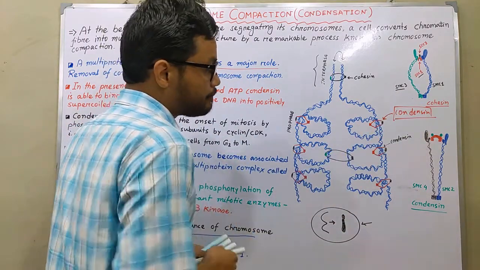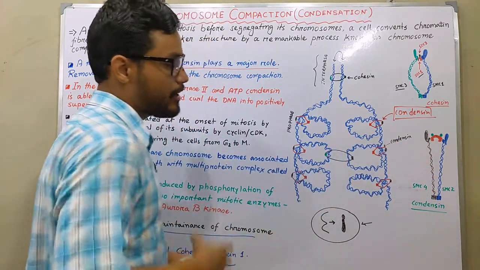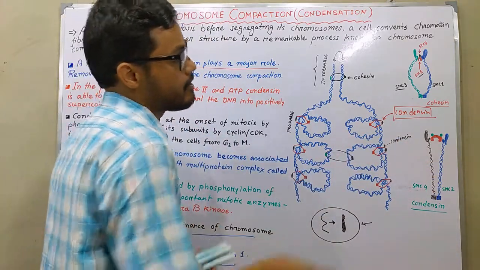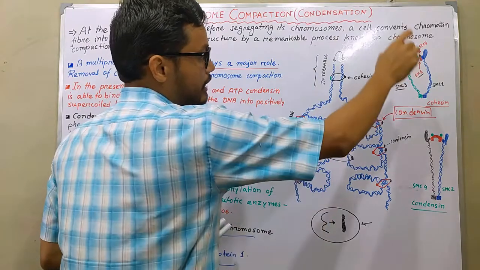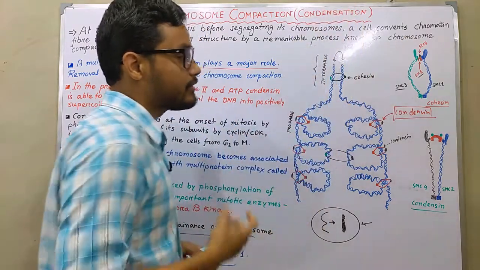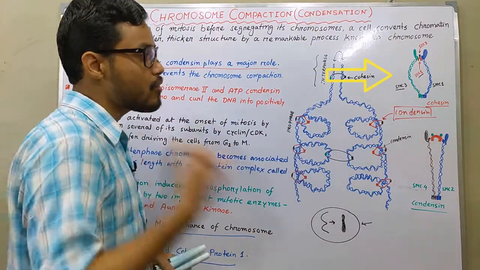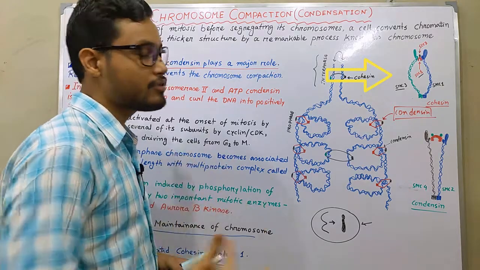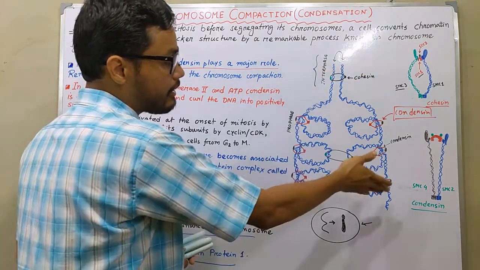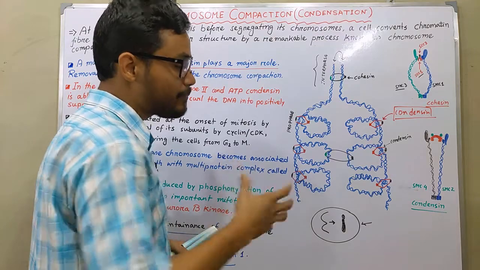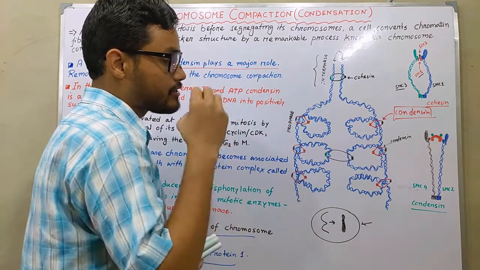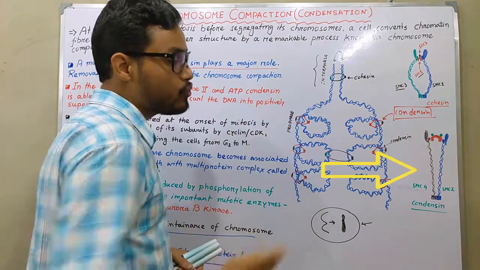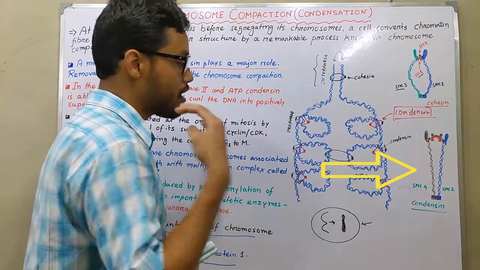Here the SMCs, structural maintenance of chromosome proteins, are different from those in cohesins, because in cohesin, structural maintenance of chromosome 1 and 3 are involved, but in condensin, those multiprotein complexes are made up of structural maintenance of chromosome 2 and 4.